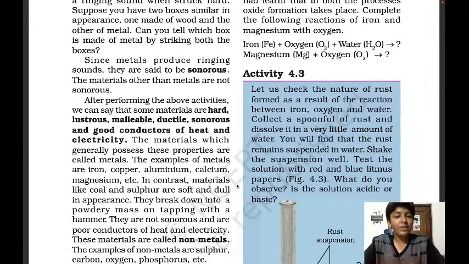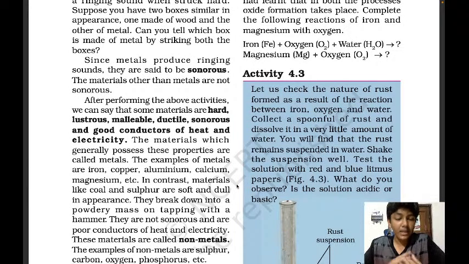After performing the above activities, we can say that some materials are hard, lustrous, malleable, ductile, sonorous, and good conductors of heat and electricity. These are the properties of metals that you need to remember. They are hard, harder than non-metals. Lustrous, they give us a shine.